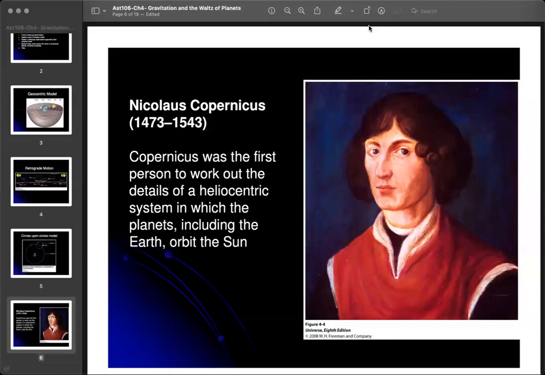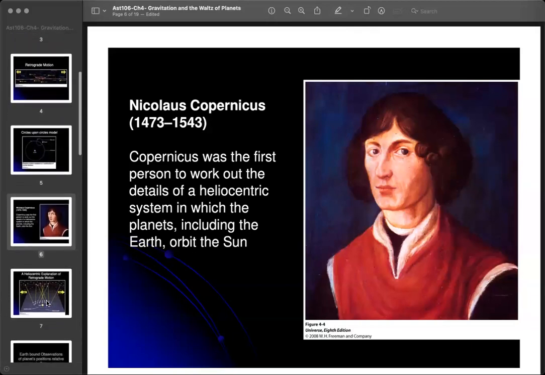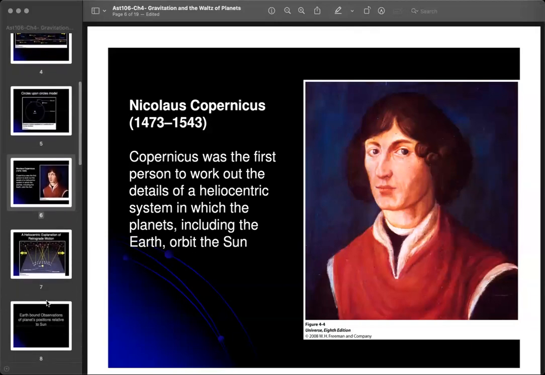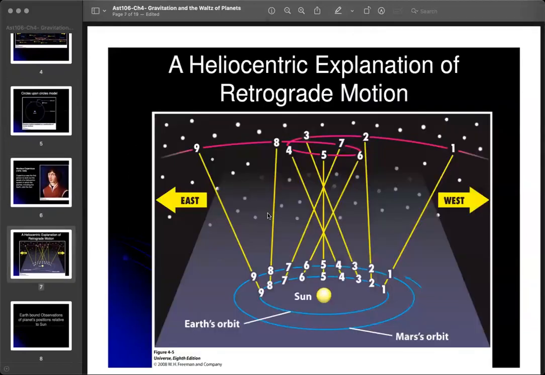He was the first person to work out the details of the heliocentric system in which the planets, including the Earth, orbited the sun. And that solved many of the confusions, many of the problems, and especially the retrograde motion was a big problem. By changing our thinking to look like this, the retrograde motion was explained in a very obvious manner.